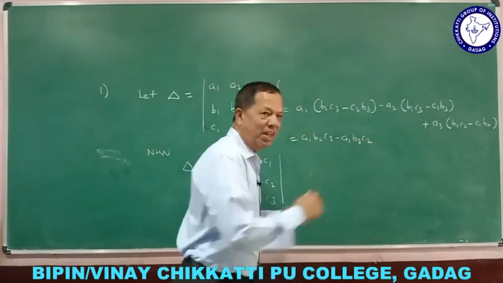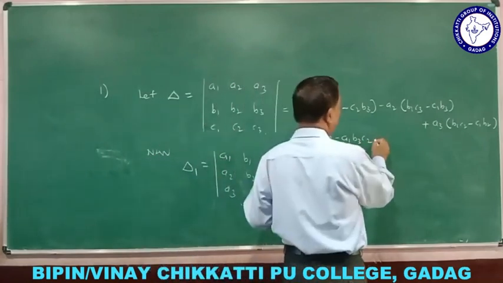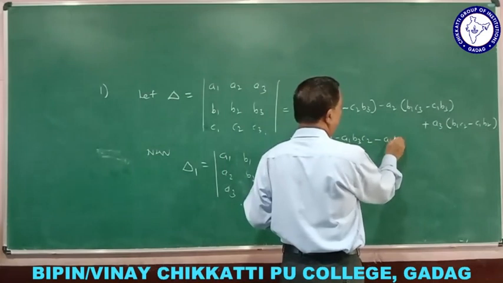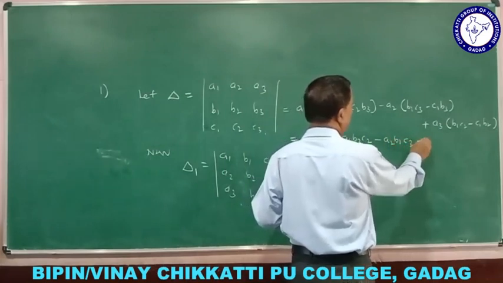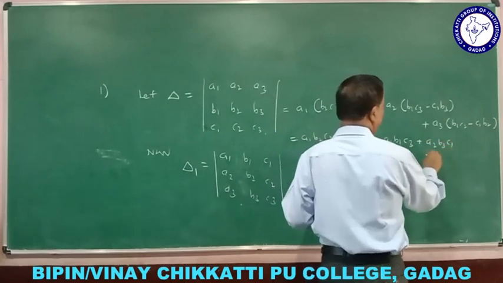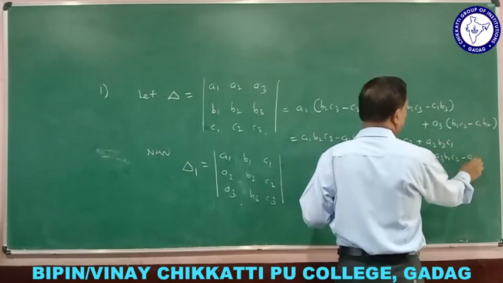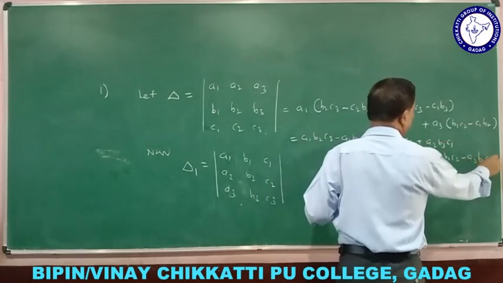Yes, you understood? ABCD I have maintained, not necessarily, but for convenience's sake. And what about this? Minus A2, B1, C3 plus A2, B3, C1 plus A3, B1, C2 minus A3, B2, C1.